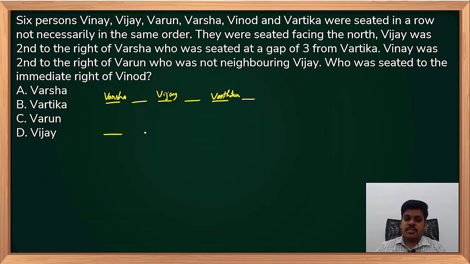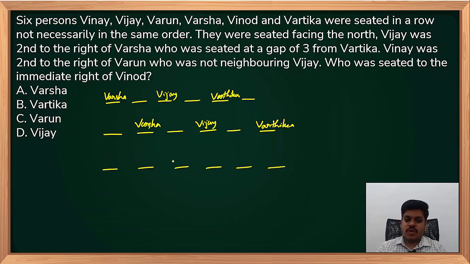Again, a second chance is there: 1, 2, 3, 4, 5, 6. Varsha can be here, and Vijay 2 places to the right of Varsha, and Vartika is 3 places away from Varsha. So Vartika can be in this position. This is the possibility. Only 2 possibilities. And again, one more is there, actually, we can take 1 or 2 positions.